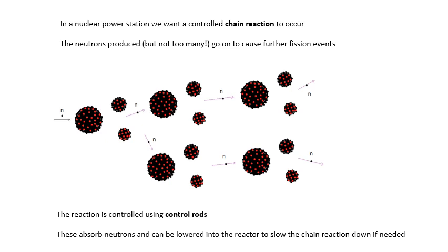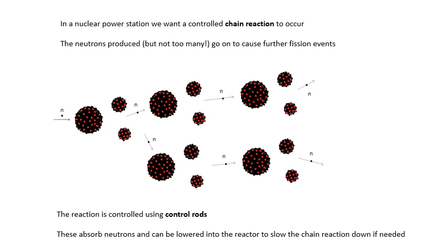That splits open and gives off a couple of neutrons, and then 1 or 2 of them go and cause another event, and that produces another couple of neutrons, and you get this thing called a chain reaction. You need to explain this. You might have to sketch a diagram that looks a bit like this. So in a chain reaction, the neutrons produced, but not too many, go on and cause further fission events.